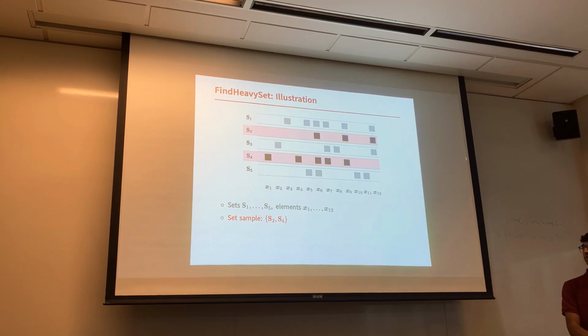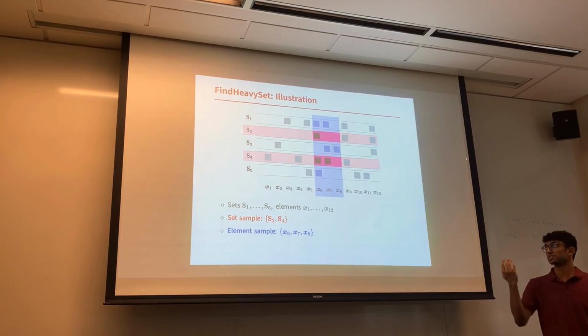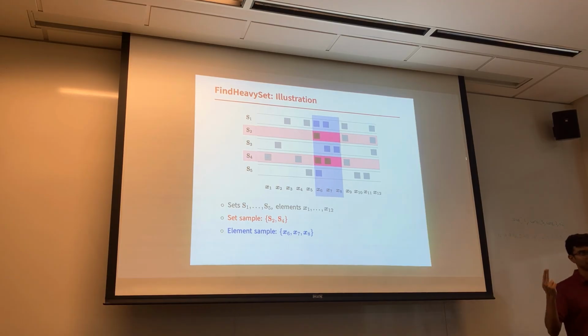Then we'll sample a small number of elements, let's say X6 through X8. And we're only going to make membership queries on the sampled sets against the sampled elements. So in this case, we'll just make 6 membership queries. In this example, we'll notice that the set S4 hits 2 elements out of our sample. That gives us some confidence that maybe S4 is a good set to add to our cover.